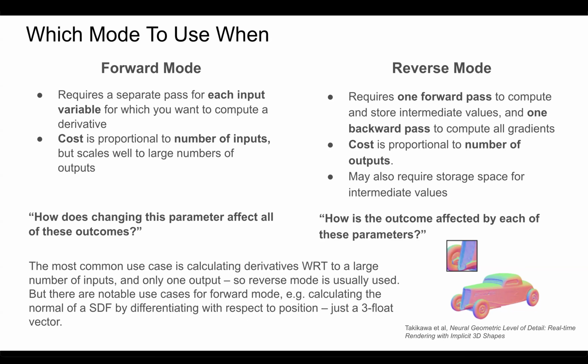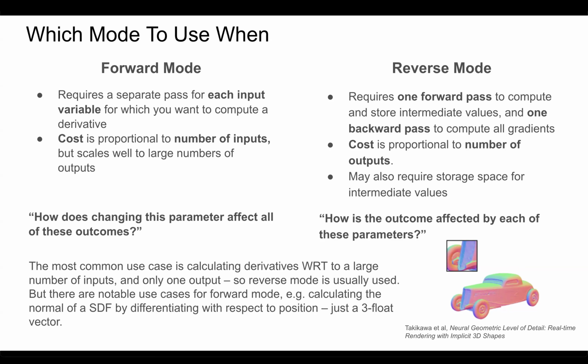It can also incur memory costs because it has to store the results of the computation graph in the middle. But reverse mode is the workhorse of optimization because it's perfect for asking, how do all of these parameters affect this single outcome? So in real world applications, it's much more common to have optimization problems where you have many inputs and a single output.